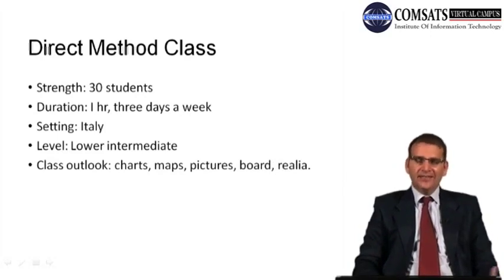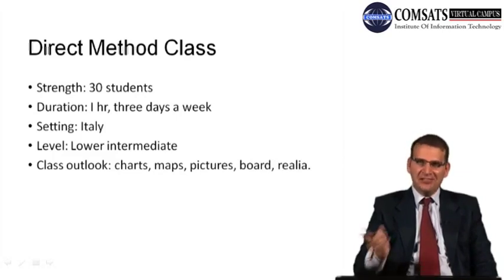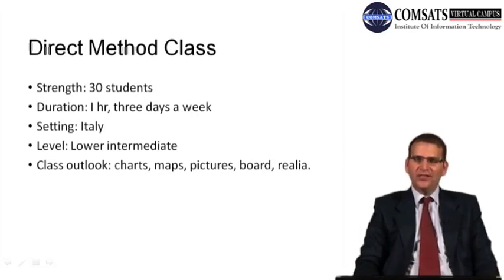And again, the level is low intermediate, and the class outlook, what is it? Peripheral learning. What is peripheral? Around you, surroundings, in fact. So in peripheral learning there are charts, maps, pictures, boards, and all that. When you see a chart around, does it help you?